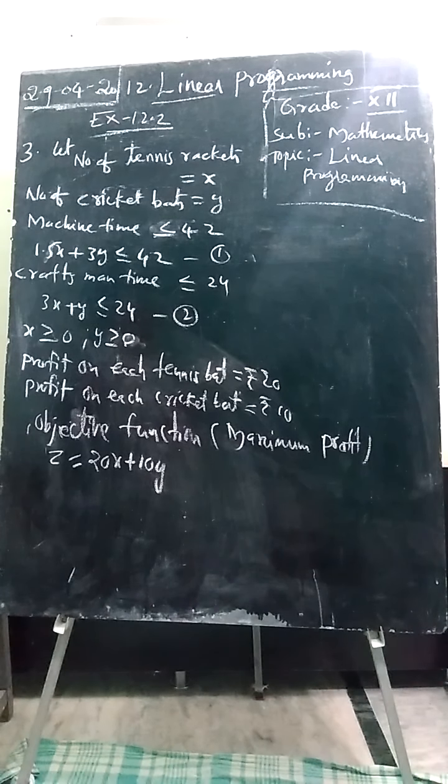In a day, the factory has the availability of not more than 42 hours of machine time and 24 hours of craftsman's time.